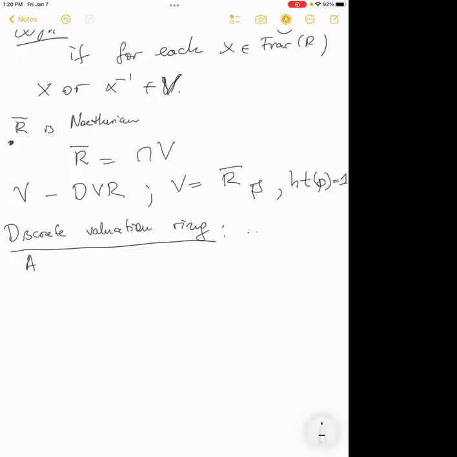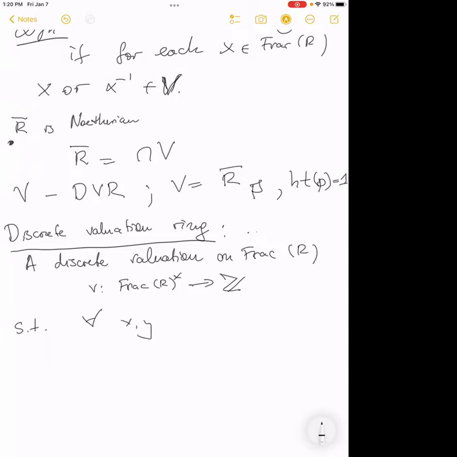So a discrete valuation on the field of fractions is a function from the field of fraction minus 0 to Z, these are the integers, such that for all x, y in the field of fraction minus 0, we have the following two properties.